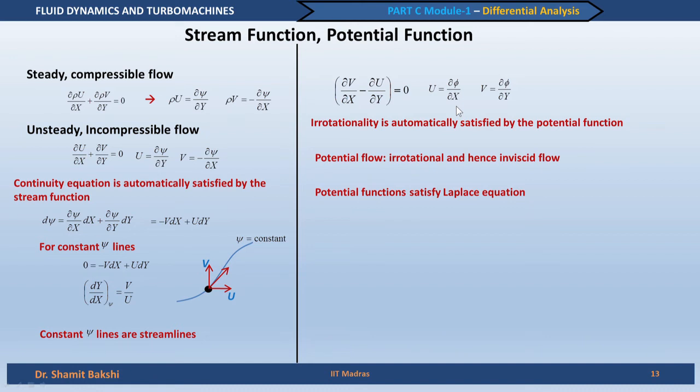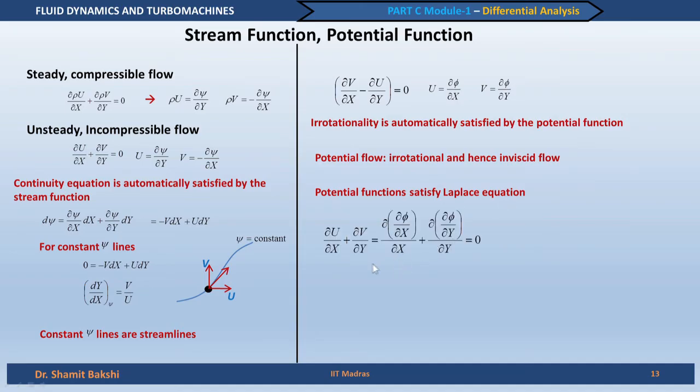Now, another thing we can observe from the definition of the potential function: if we plug this expression for velocities into the continuity equation, it will form an equation in the form of the well known Laplace equation.